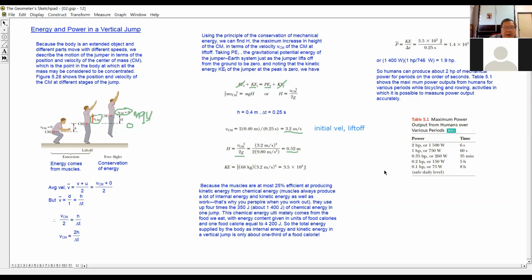They use up to 4 times the 350 joules, about 1,400 joules of chemical energy in one jump. This chemical energy ultimately comes from the food we eat, with energy content in units of food calories, and one food calorie equals 4,200 joules. So the energy supplied by the food as internal energy and kinetic energy in the vertical jump is only about 1/3 of the food calorie.